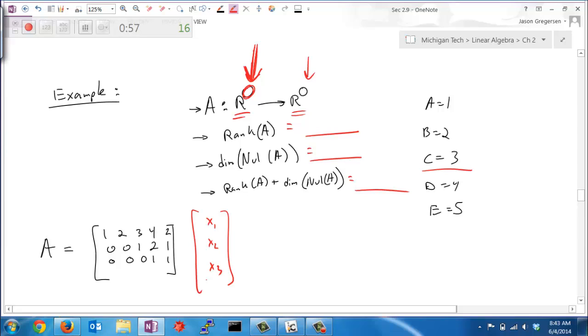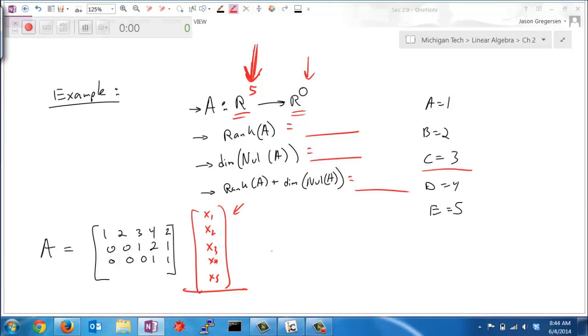Can I do that multiplication? No, I can't. I really encourage you to write it out. x1, x2, x3, x4, x5. That's the size it has to be to do the multiplication. That's really what this transformation is doing. It's taking the x vectors and mapping them to b vectors. It's taking things that live in R5. So this one is R5.